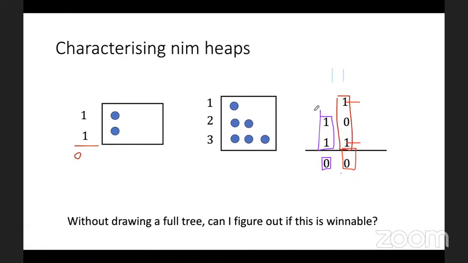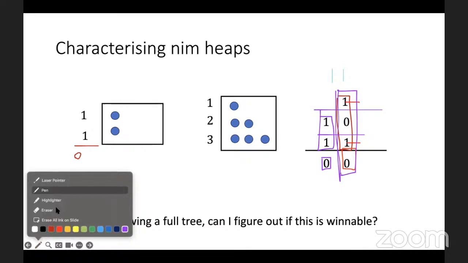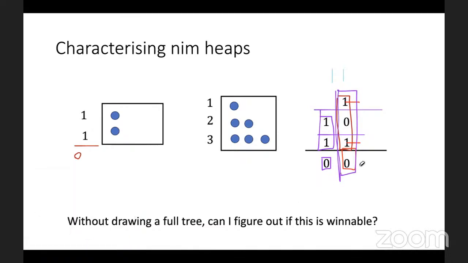Essentially what I'm doing is listing the numbers out, making them into a sort of table, and looking at it column by column and checking whether the number of bits in that column is even or odd. Someone please ask me a question.